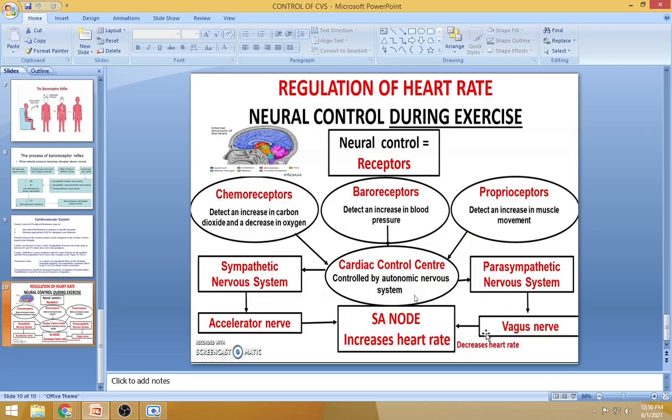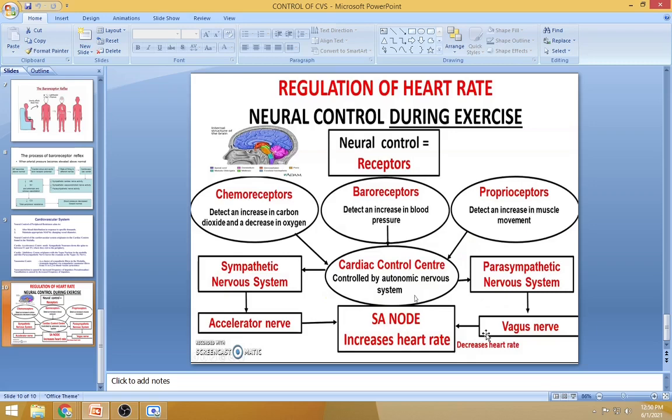Okay, so it can be the baroreceptors themselves responding to a pressure. It can be proprioceptors responding to movement of the muscles, and when the muscles move, there is increased demand. Or chemoreceptors, the receptors responding to change in the chemical concentration in the blood. Okay, so the chemical concentration can be affected by the demand.